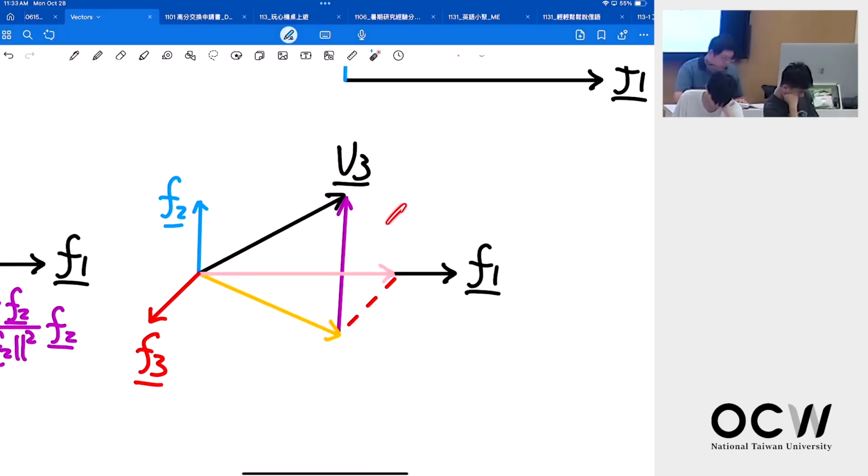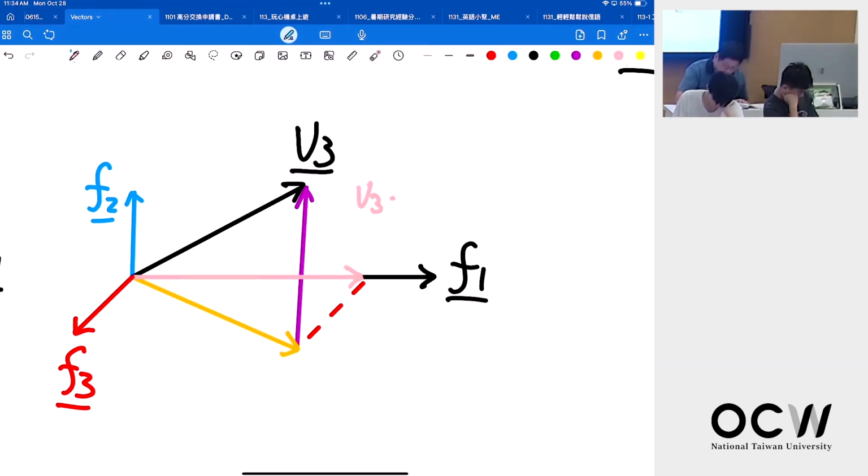To get this part, this is v3 dot product F1, in the F1 direction.